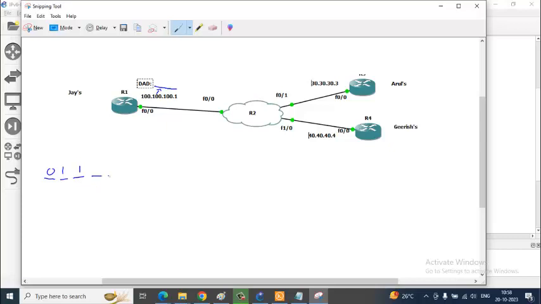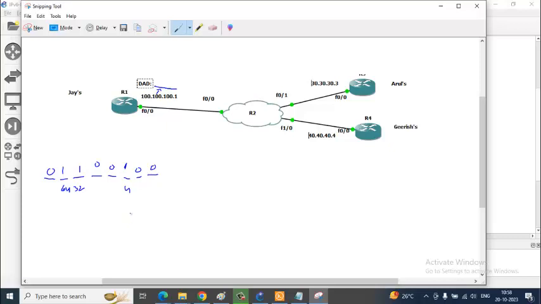So you have only 4 more. How many bits? 4. This is 1 here. All the rest are 0. Is this 100? 64 plus 32 plus 4. Is this giving you 100?